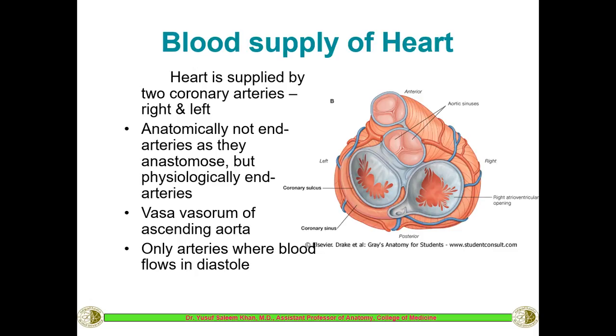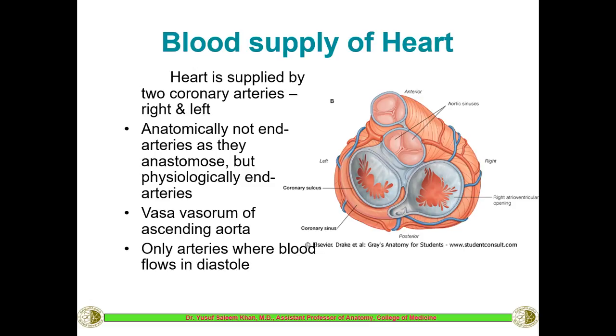It is supposed to compensate completely, but it compensates only to some extent, which is not enough for the wall to survive. So even though anatomically they anastomose with each other, physiologically they are end arteries, because they do not compensate as necessary.